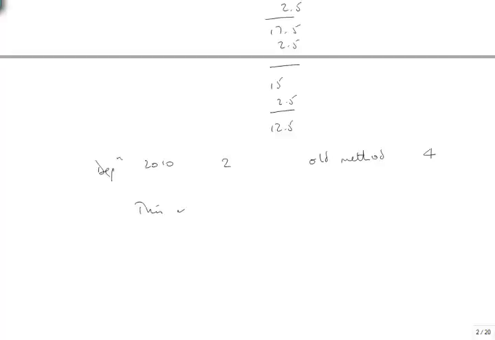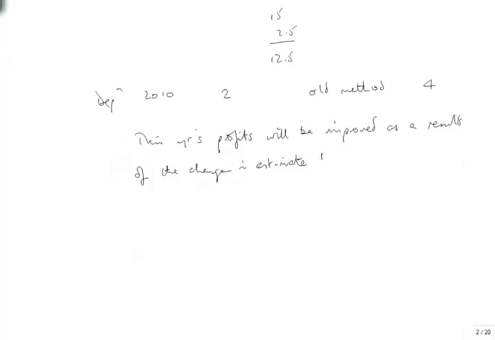So this year's profits will be improved as a result of the change in estimate, because depreciation is now only 2 instead of what it would have been, 4. But otherwise she's completely wrong.